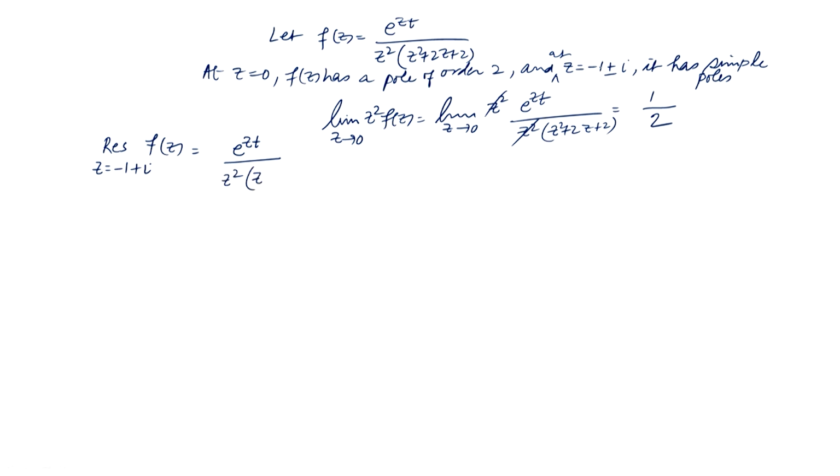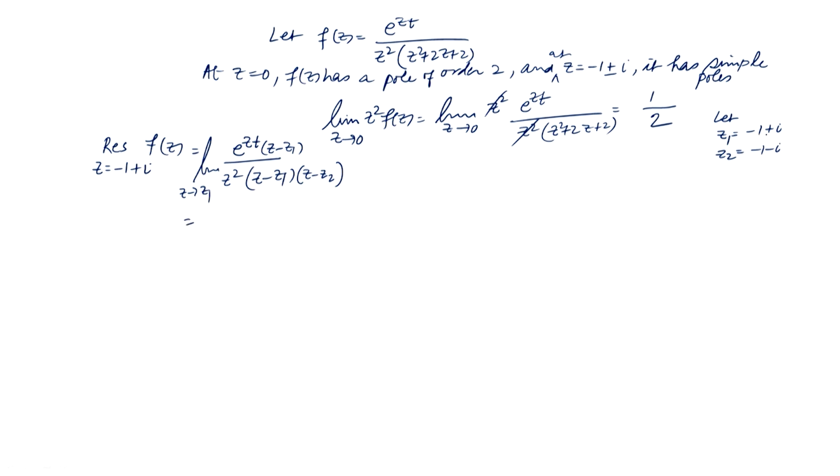Let me write one root as z_1 and the other root as z_2. Let us say z_1 equal to minus 1 plus i and z_2 equal to minus 1 minus i. Okay. So, I write z minus z_1 into z minus z_2 for z square plus 2z plus 2, and here I multiply by z minus z_1 and take the limit as z tends to z_1.